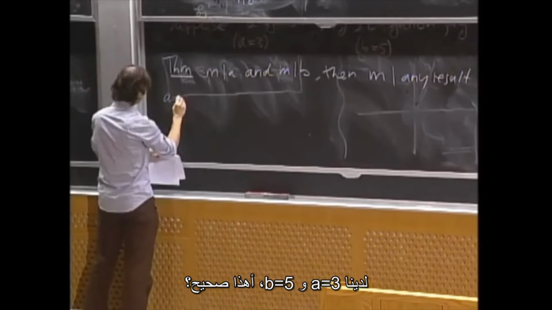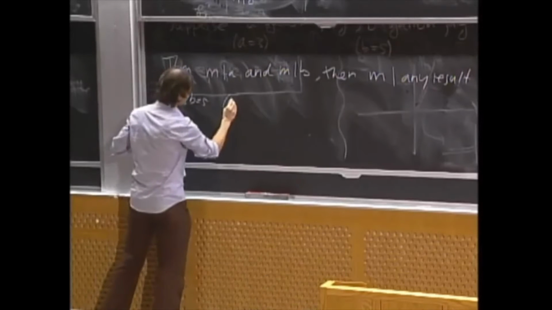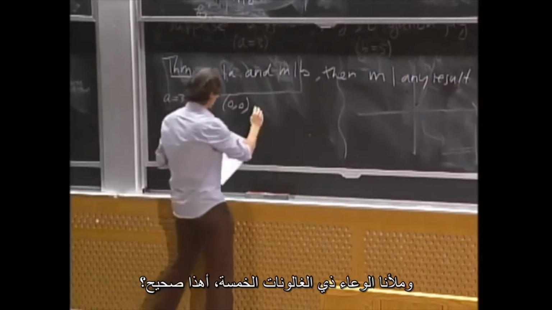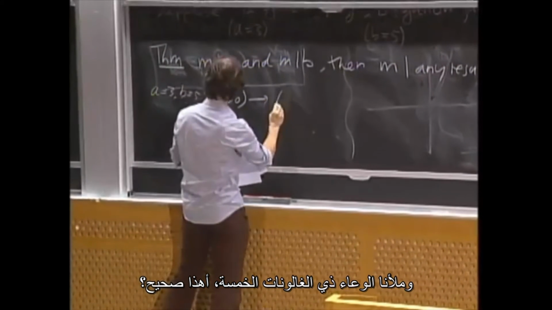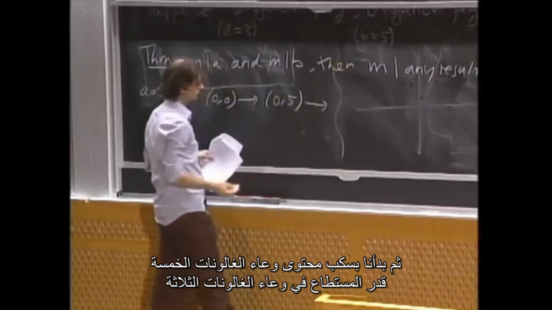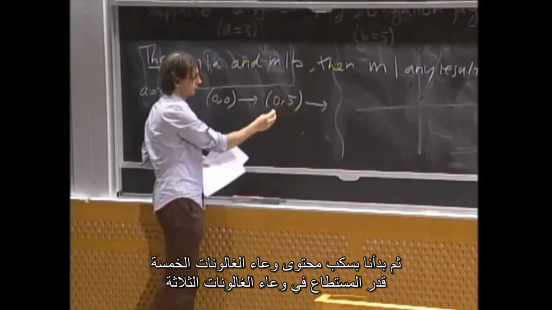So we have that a equals 3, b equals 5, right? We start with empty jugs. We filled up the 5-gallon jug, right? Then we started pouring the 5-gallon jug as much as we could into the 3-gallon jug.